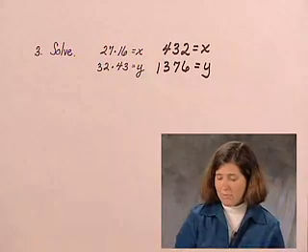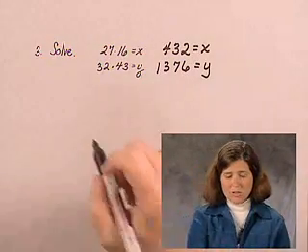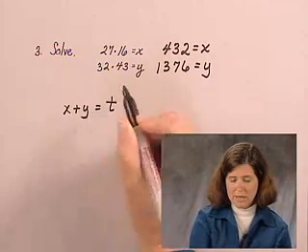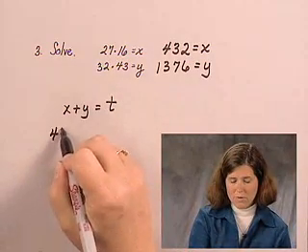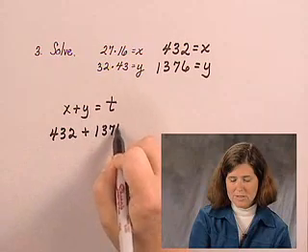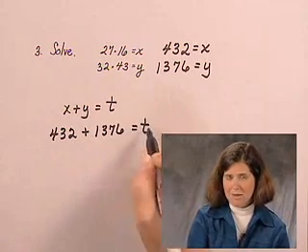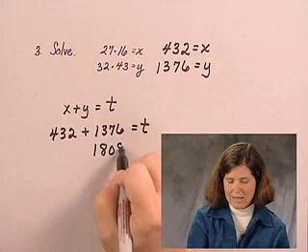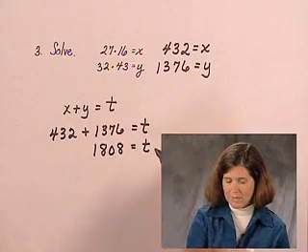That equals y. Our third equation, we had x plus y equals t. So we have 432 plus 1,376 equals t. Adding the numbers together, you have 1,808 equals t.